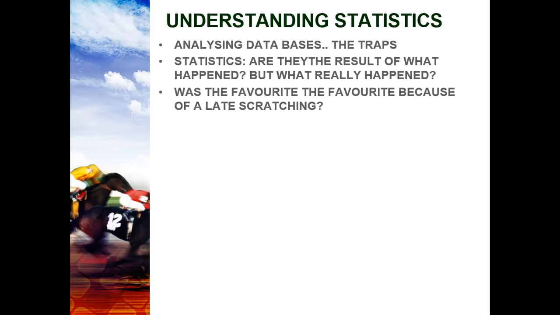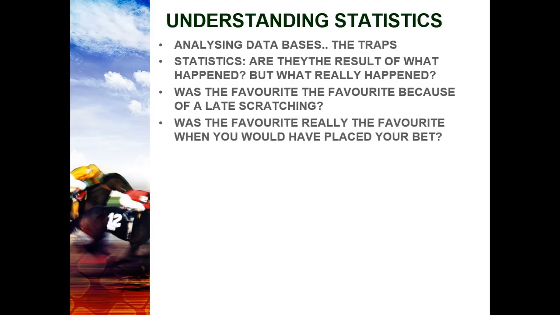So you've got to bear in mind that that sort of thing gets into the statistics. Was the favourite really the favourite at the time you would have placed your bet? If you're placing the bet in the morning on what you think is the favourite, actually 20 to 30% of the time that horse is not favourite when the race jumps. So you've got to be on the ball and watching a few minutes before the race to determine which horse is actually the favourite.